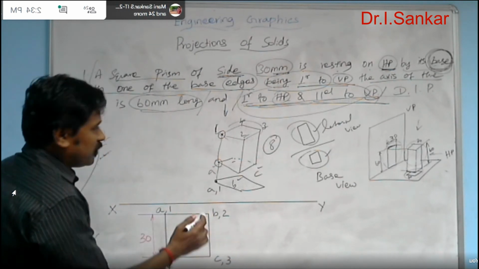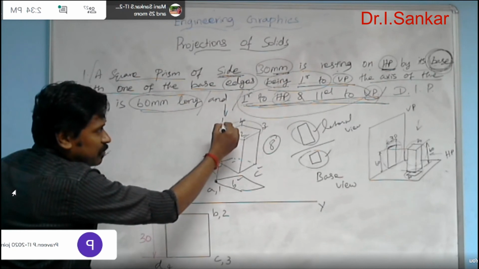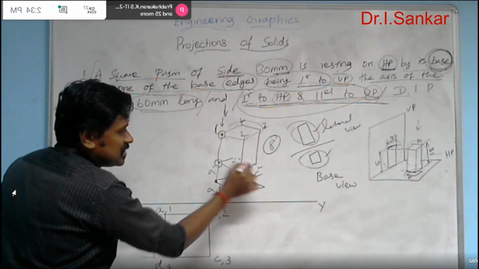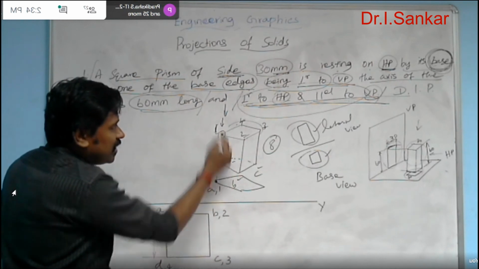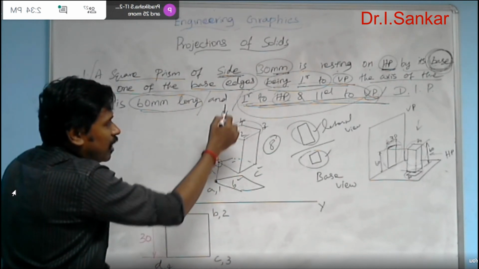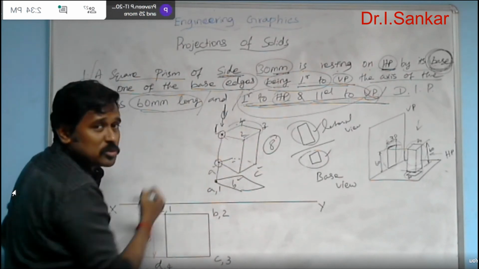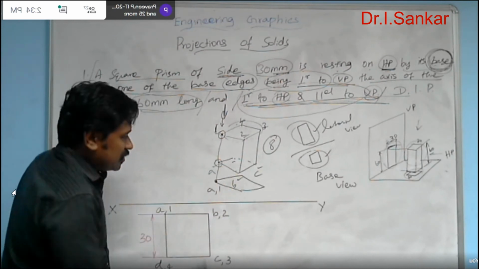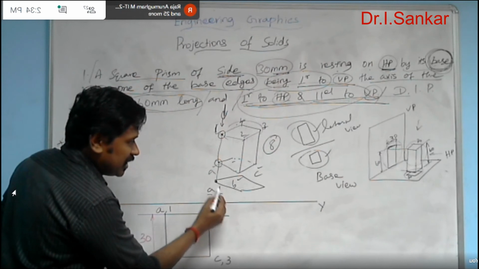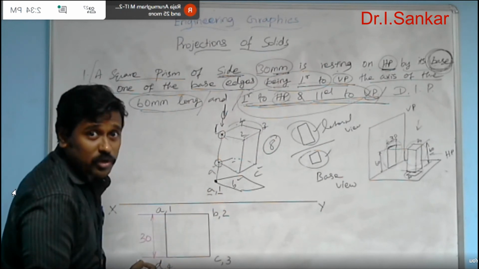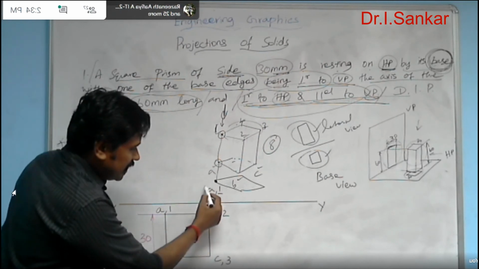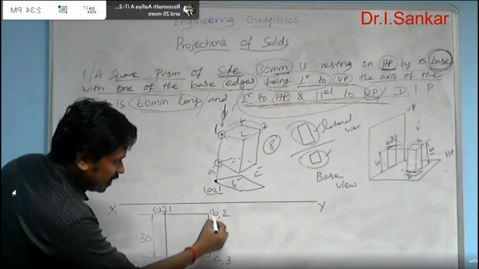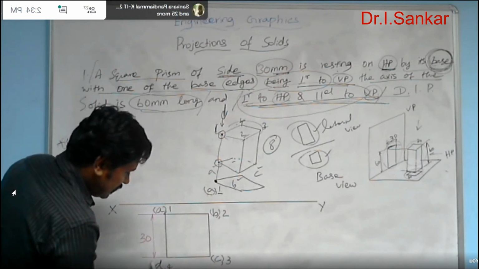So if you are seeing from the top, 1 2 3 4 are the face corners, A B C D are the base corners, and when you look from the top, 1 2 3 4 is visible to your eyes and A B C D are invisible. So between 1 and A at this point, who is visible and who is invisible? A is invisible. So you need to put a bracket around A. The same way here B and there C and there D.